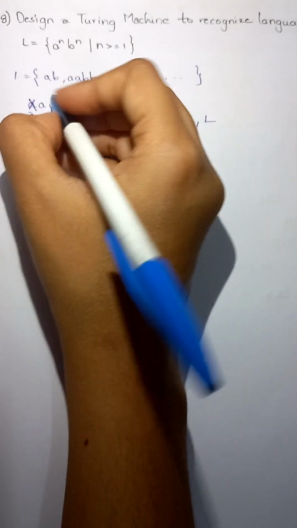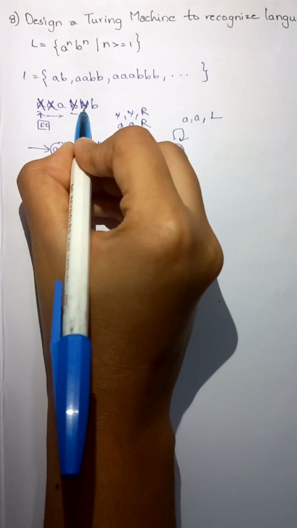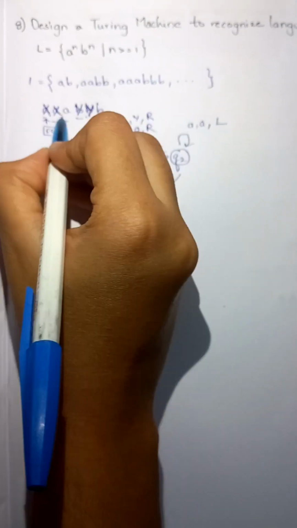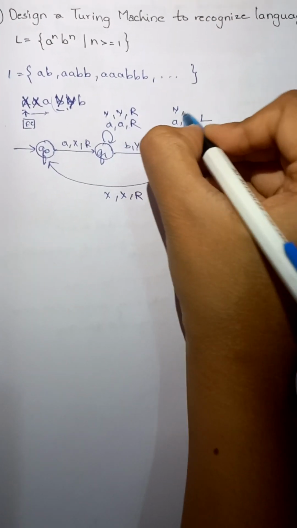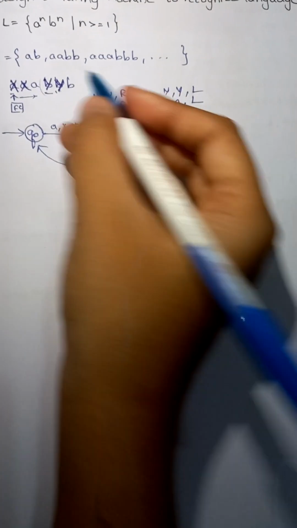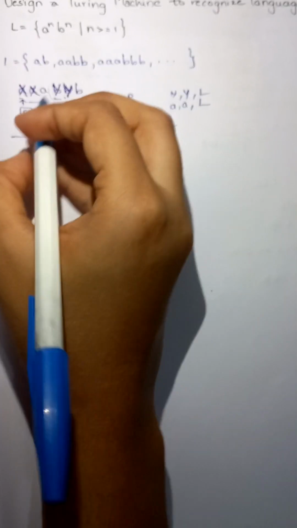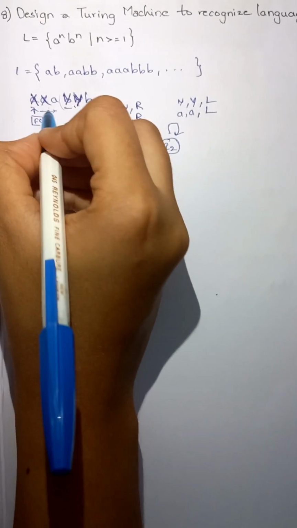Then when the next B is encountered, it is changed to Y and moves towards left. So here we are encountering a Y. Keep it as Y and then move towards left. And in the same process, again it comes to state Q0 because it is encountering an X here.